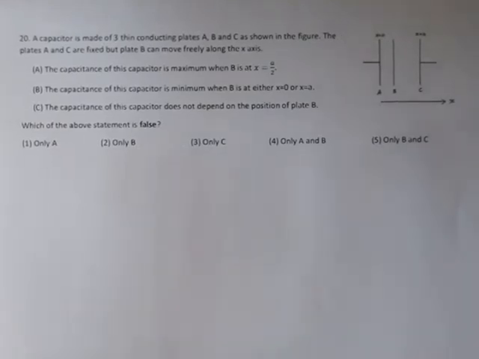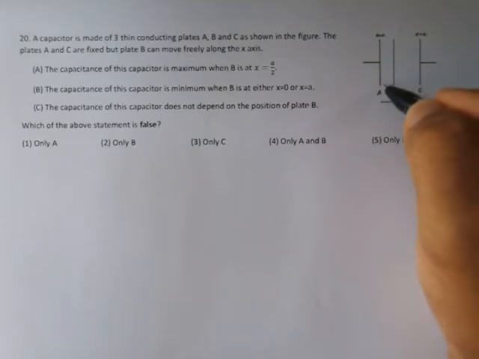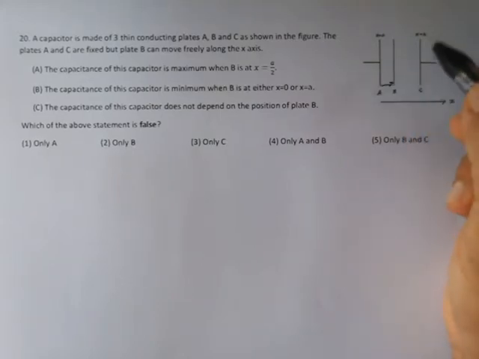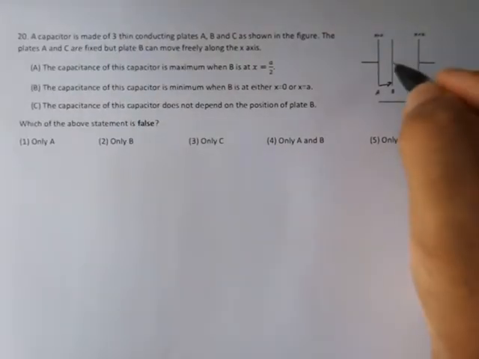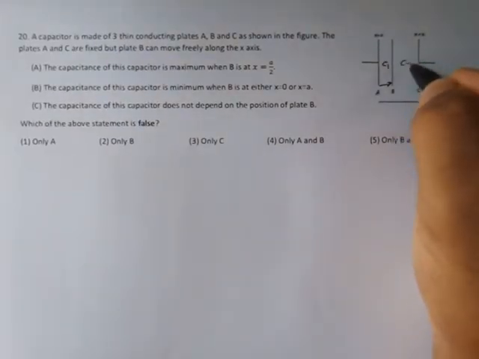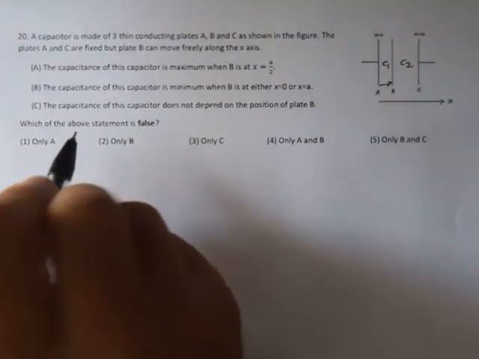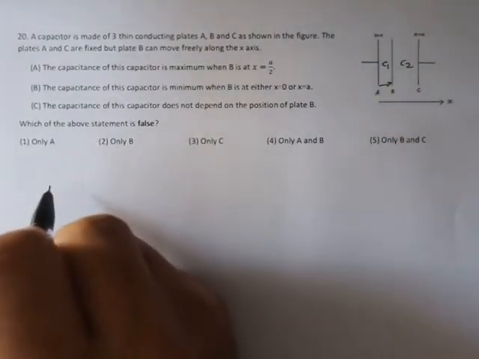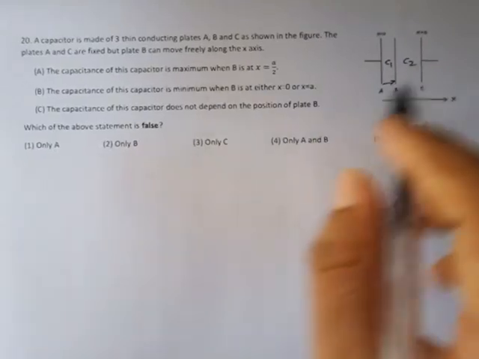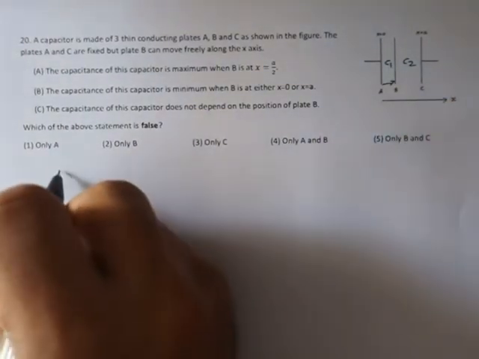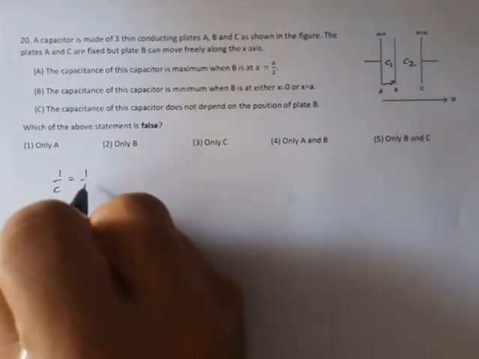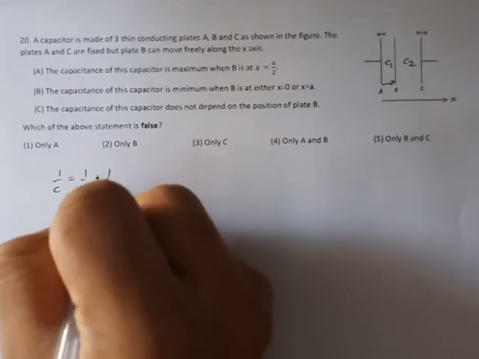So I consider this distance is x. This is my C1 capacitor, C2 capacitor, and this whole capacitor C. Since these are in series, 1 over C is equal to 1 over C1 plus 1 over C2.